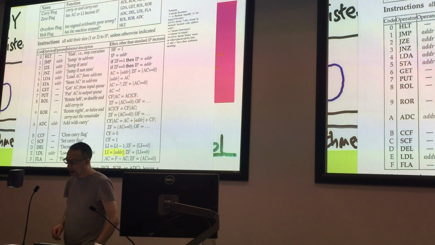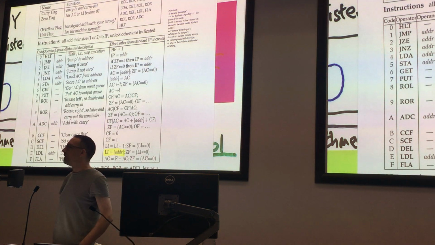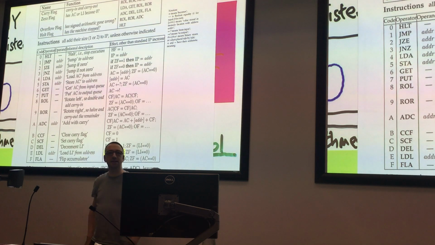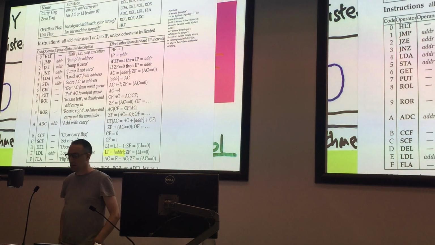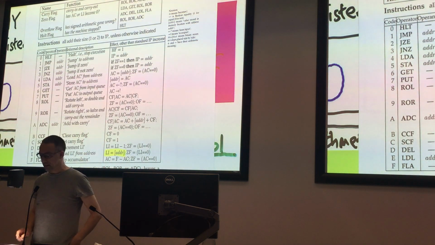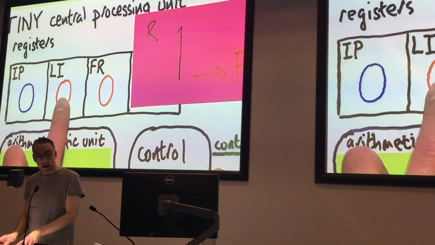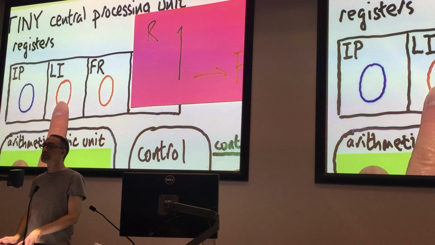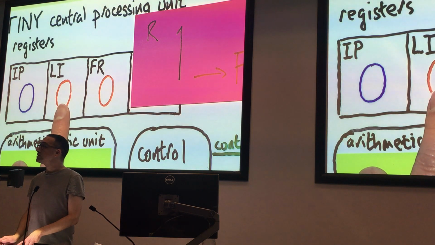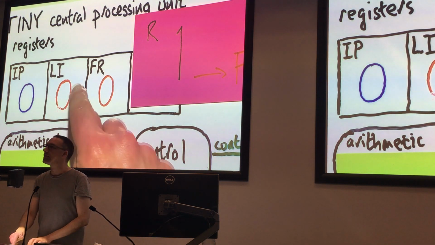Well, the equal sign, the single equal sign, is an assignment. You've seen assignment in Python? Yeah, so it's saying the thing to the left of the equal sign is going to become the value to the right. The thing to the left of the equal sign is Li, that's the loop index register. So what's going to happen is that we're going to update the value of this register.